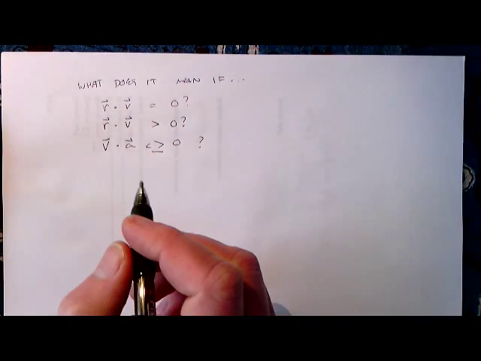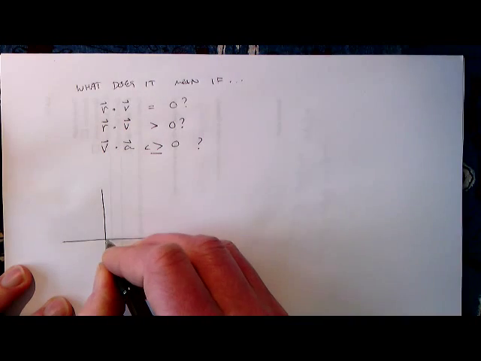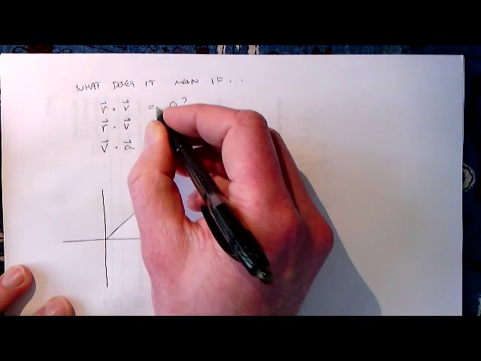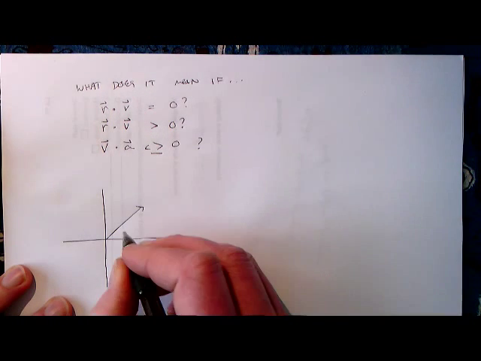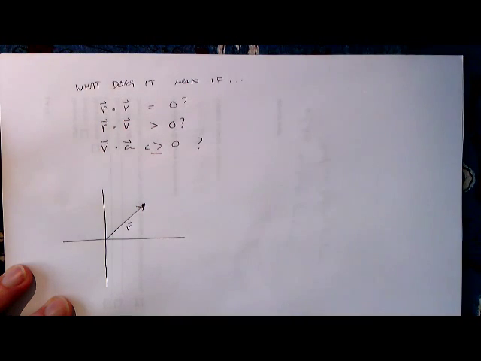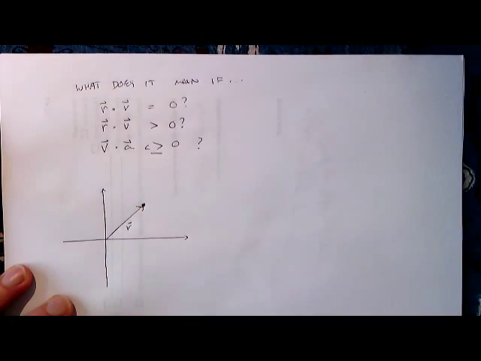So let's think about the first example, r dot v is equal to 0. And let's also think about r dot v greater than 0 and r dot v less than 0. Here's an example. We've got some object located at some position r, and it's moving. It could be moving in any direction.